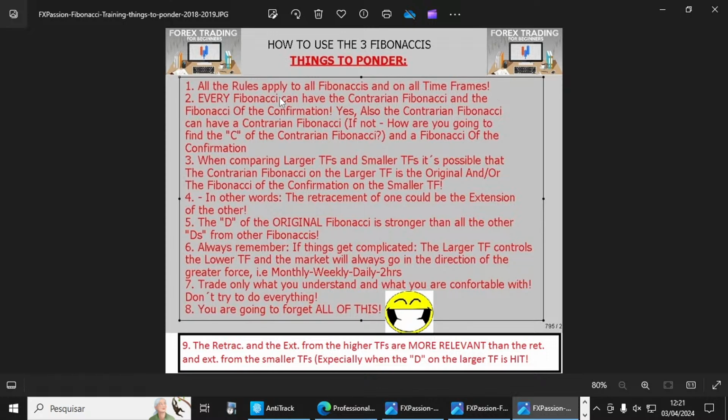Every Fibonacci can have the Contrarian Fibonacci and the Fibonacci of the confirmation. Yes, also the Contrarian Fibonacci can have a Contrarian Fibonacci. If not, how are you going to find the capital C of the Contrarian Fibonacci? This is the logic behind.